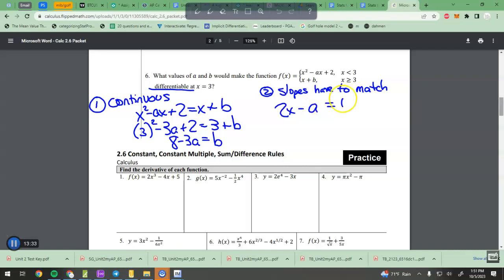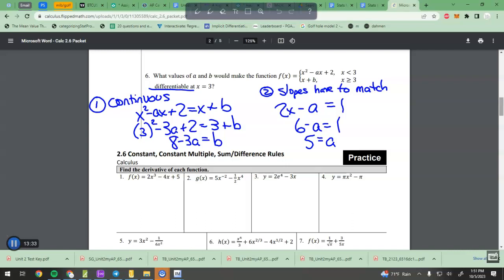That's a 1 in front of the x, and b is just a number, so the derivative of the number is 0. I'm setting the slopes equal to each other. And then I know x is 3. So 6 minus a equals 1. If I move the a over there and the 1 over here, it tells me a is 5. So that part makes sense.